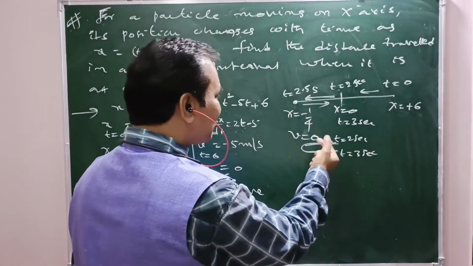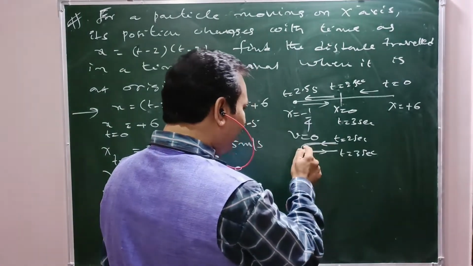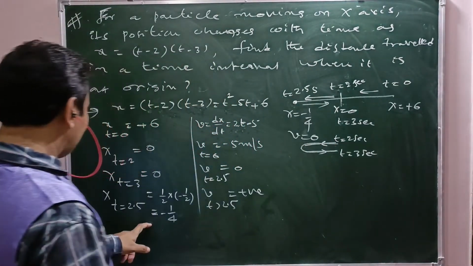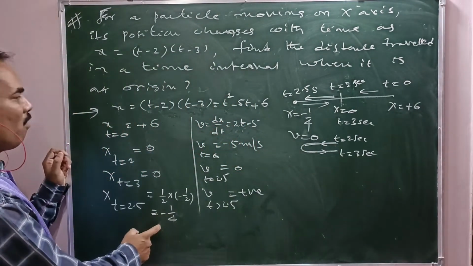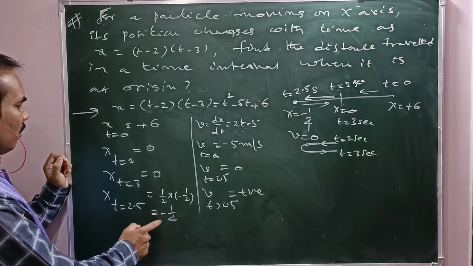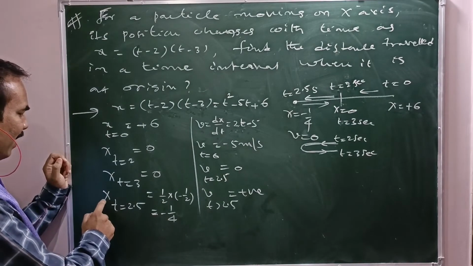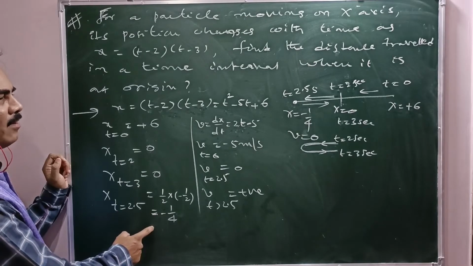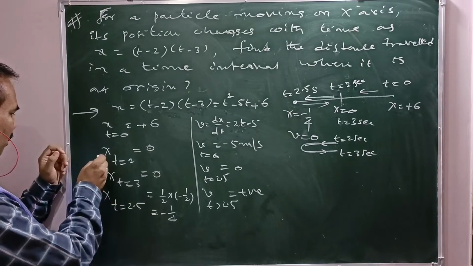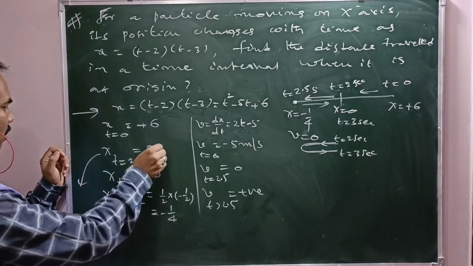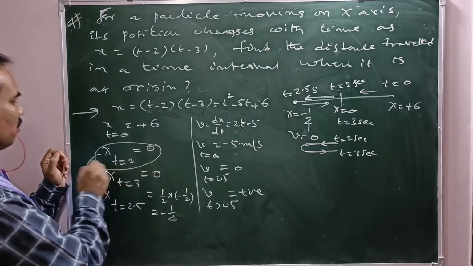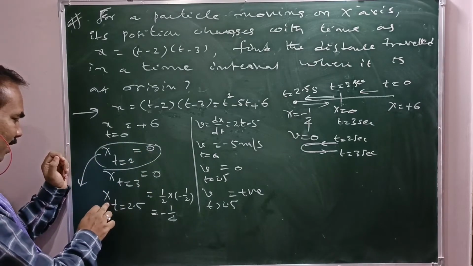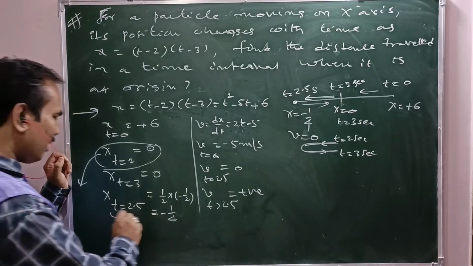Now, what is the distance covered from here to there? See, minus 1 by 4. At t equal to 0, what is the answer? x equal to 0. But at t equal to 2.5 seconds, what is the position of the particle?